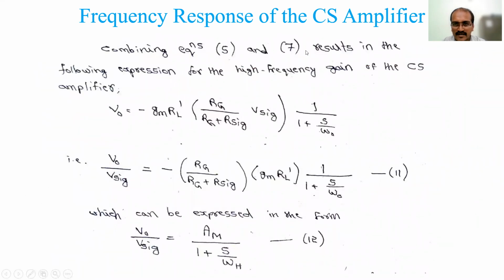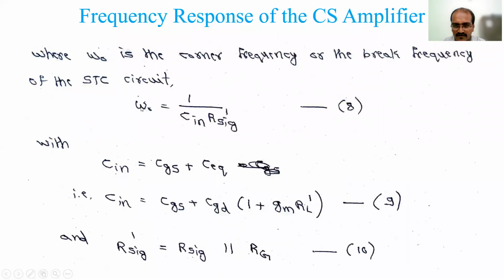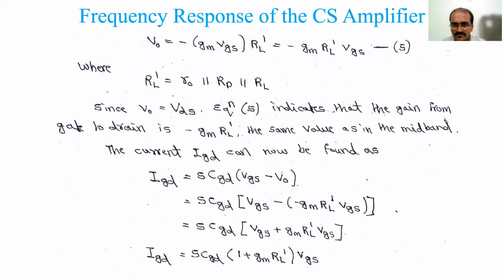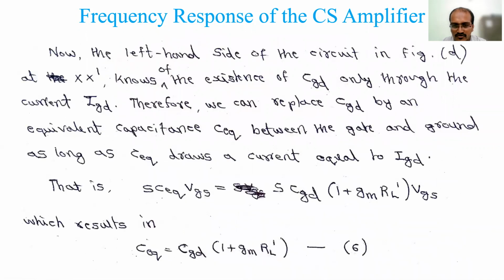Combining equations 5 and 7 results in the following expression for the high frequency gain of the CS amplifier. Let me show you what equations 5 and 7 are. This was your equation 5: V naught equal to minus gm RL dash into VGS. In equation 7, we calculated the VGS value by bringing the circuit into single time constant form, and that I will substitute.